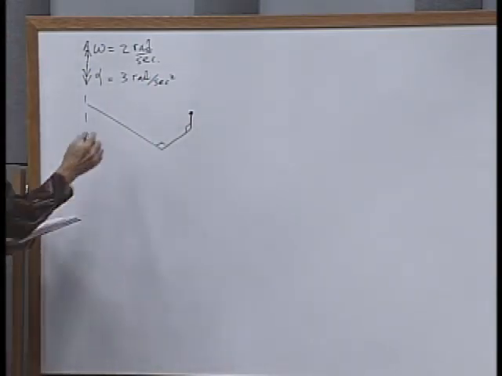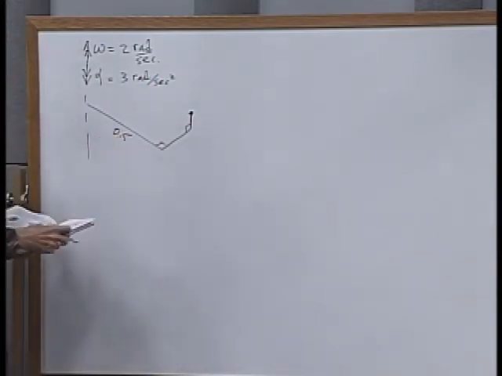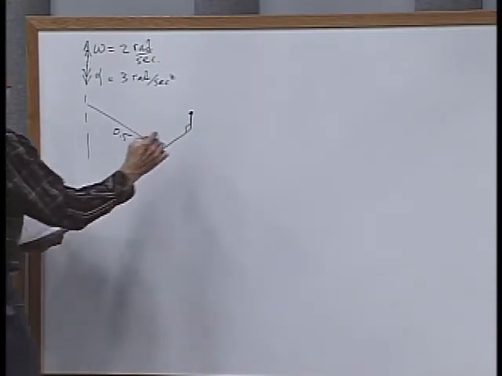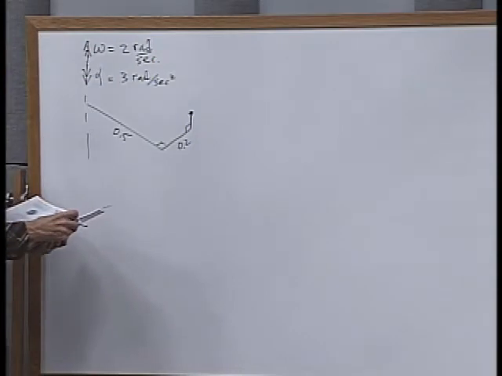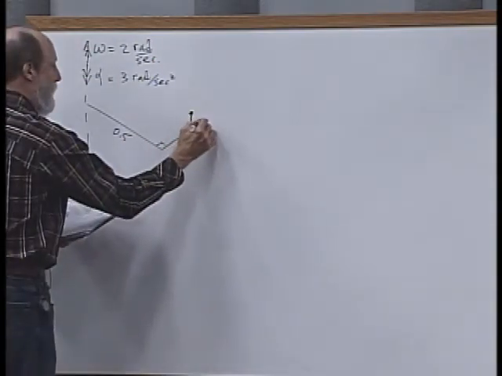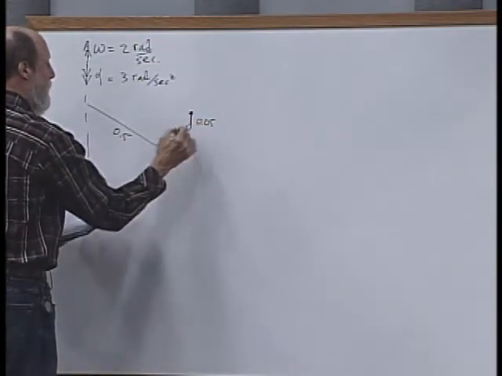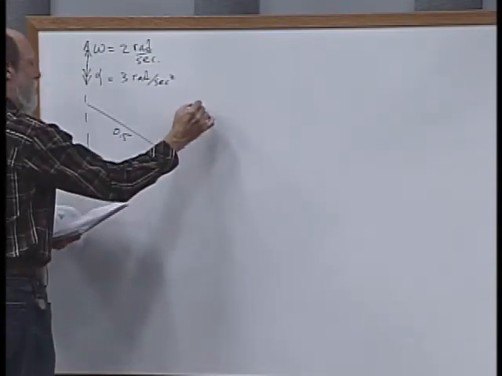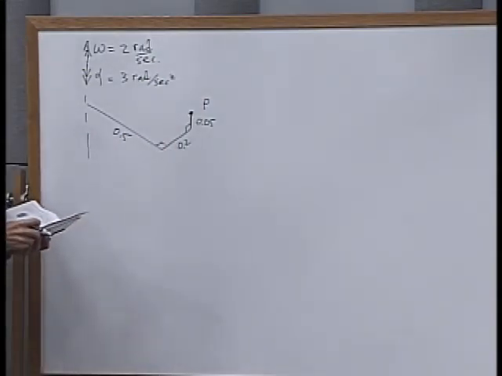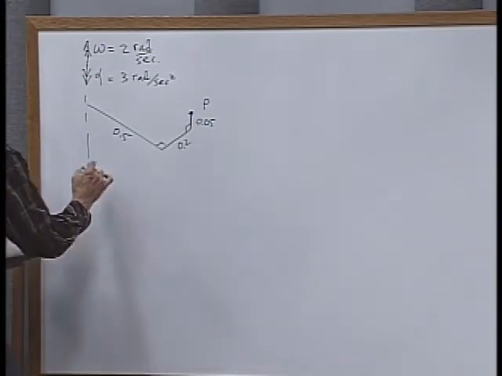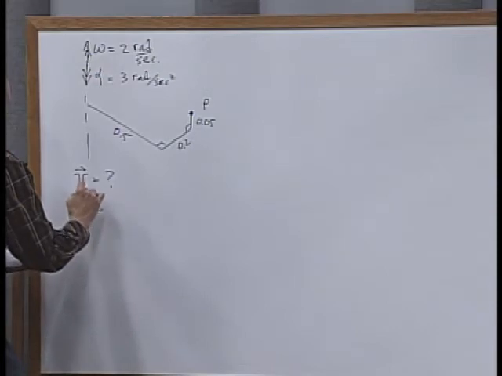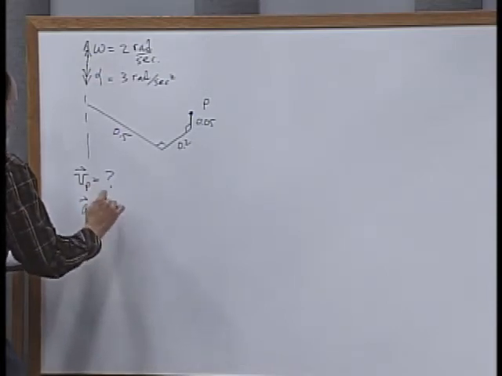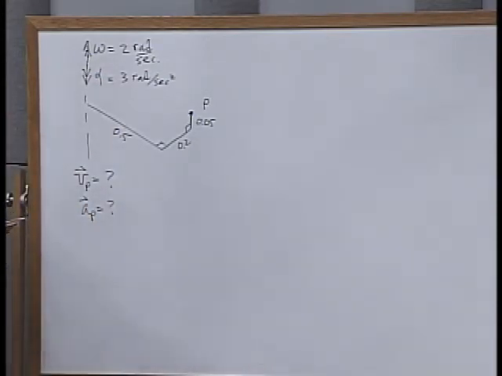And we have some dimensions of 1/2 meter, 2/10 meter, and 5/100 meter up to point P. And the question's asking for the velocity and the acceleration of point P. So I think everything is there.